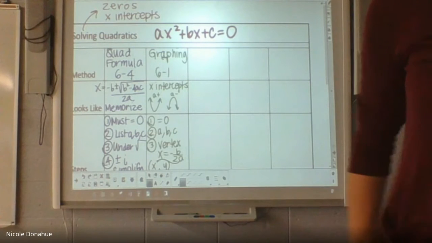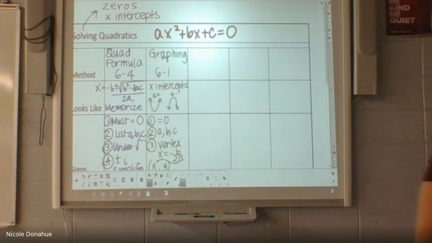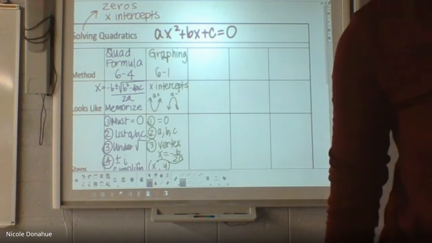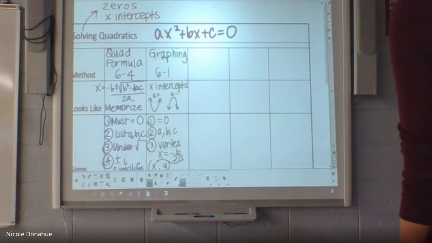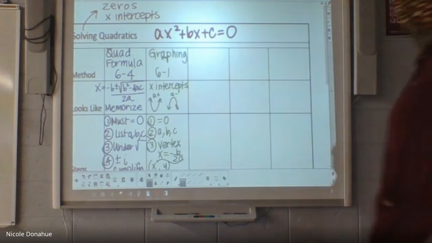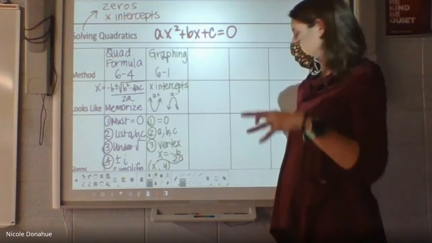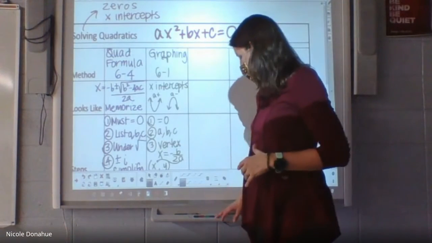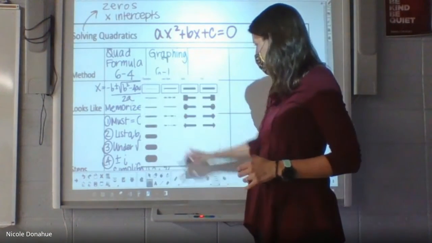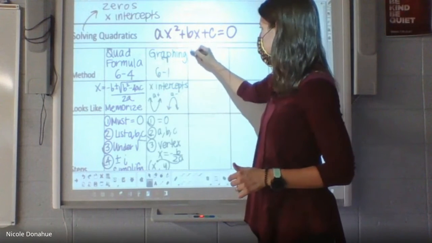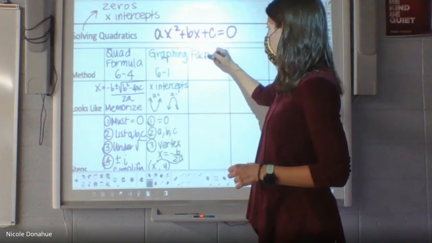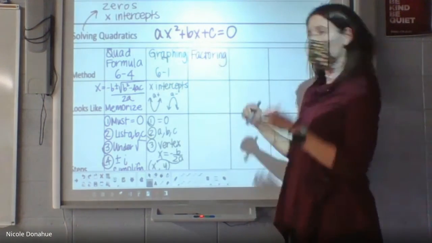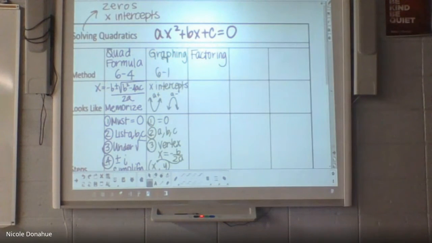Okay. All right. The next type we learned was factoring, and that's our chart, the yellow, goldenrod, whatever color that is, chart. Now, I'm going to tell you guys right now, the factoring, obviously I can't fit that chart into this chart.